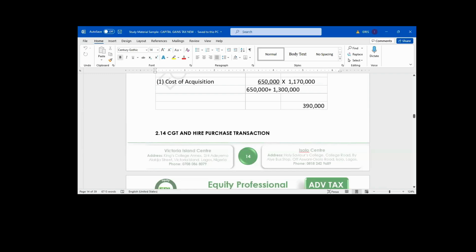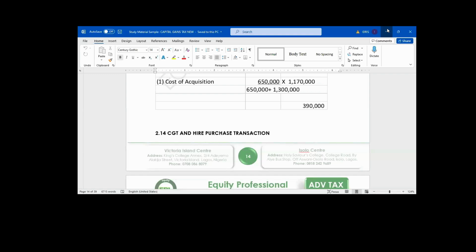Assuming he was buying the asset on cash, he would pay 280,000. But since he is buying on hire purchase, he paid 300,000. That means the interest element is 20,000. That interest element is not allowed for deduction while computing what?